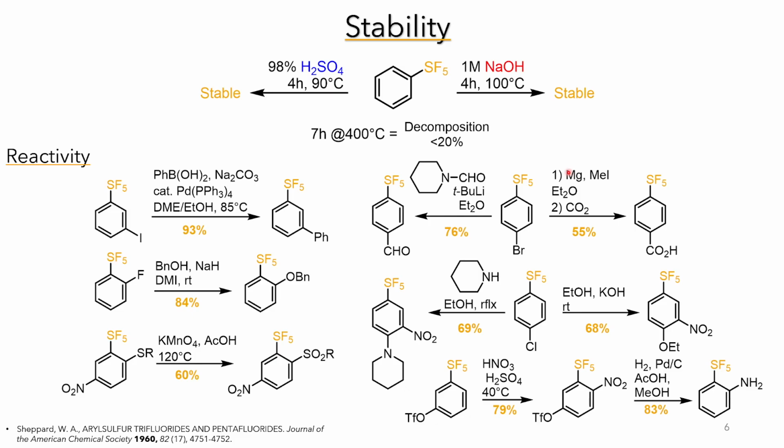So this has opened the doors now for a wide range of applications, but mostly relegated to the pharmaceutical industry. And as I mentioned before, the SF5 is quite lipophilic, so you're able to install a very powerful electron withdrawing group, but not affect the drug's ability to pass through fatty membranes.